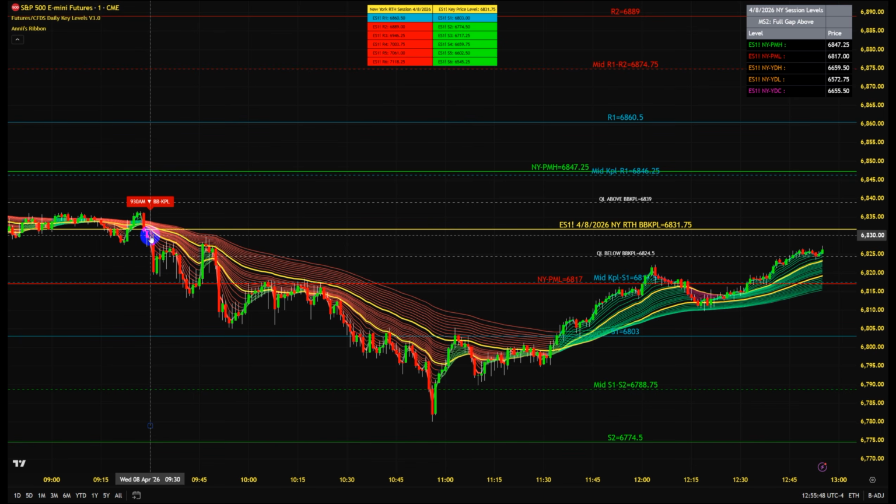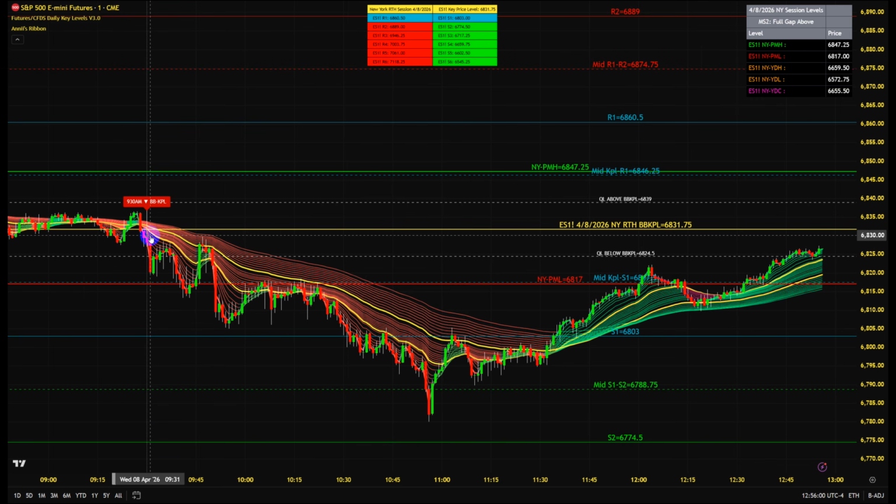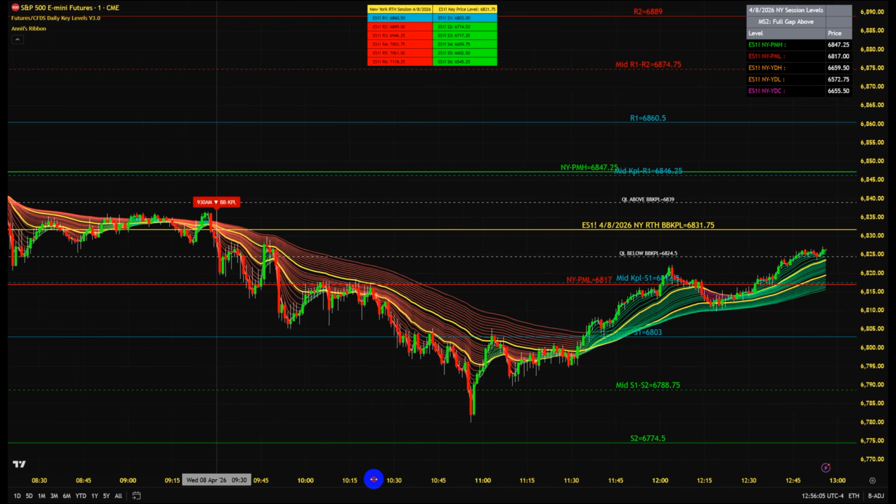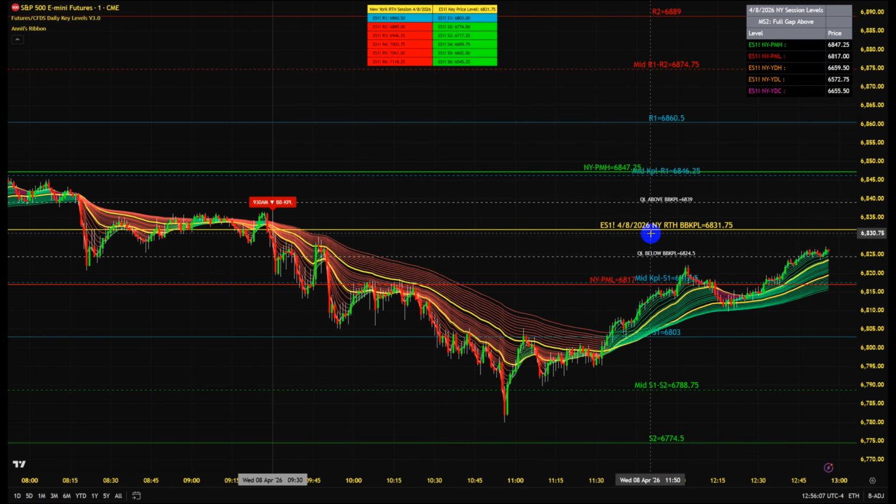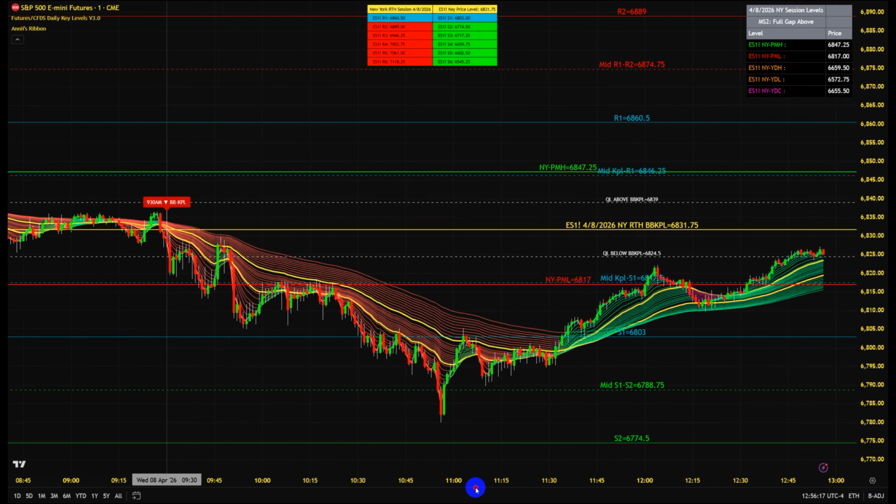So first of all, we're going to go through how the trading strategy works as far as stop loss and exits. And then we're going to look specifically at today's trade so far. Okay, so with this indicator, as far as taking a trade off of one of the main levels, which is the bull bear key price level or one of the R or S levels, your stop losses are going to be either the midpoint level or the QL level.